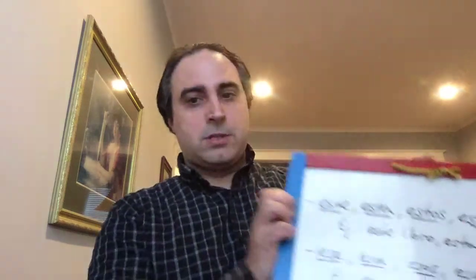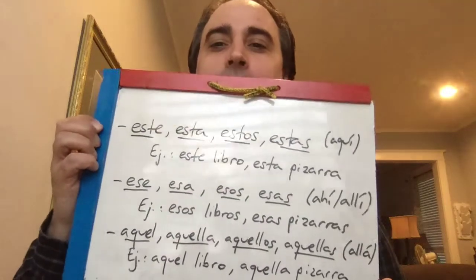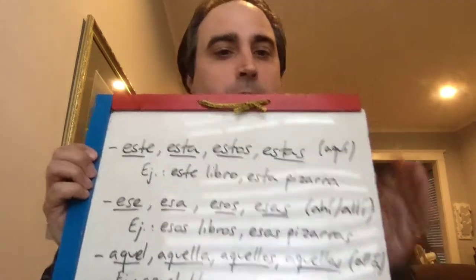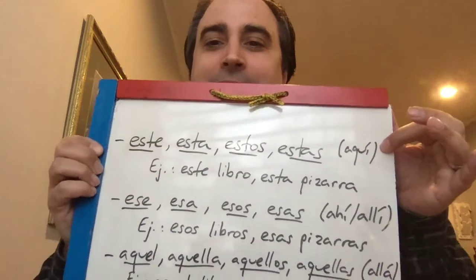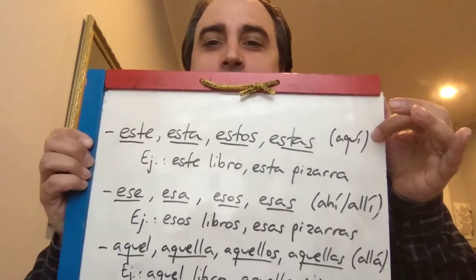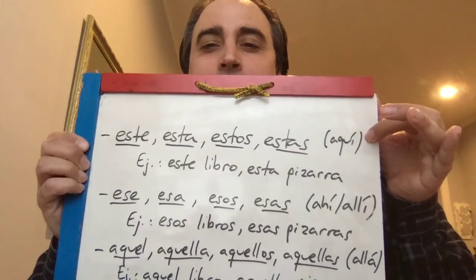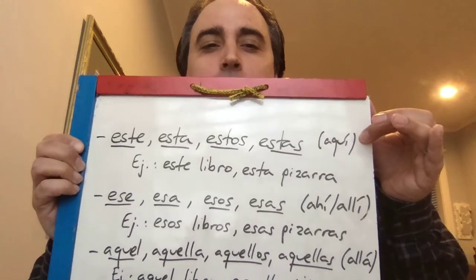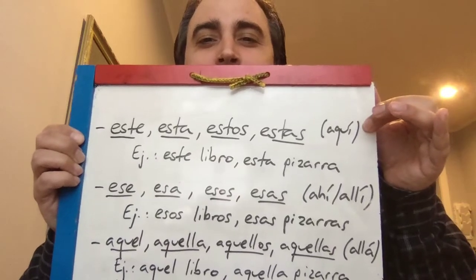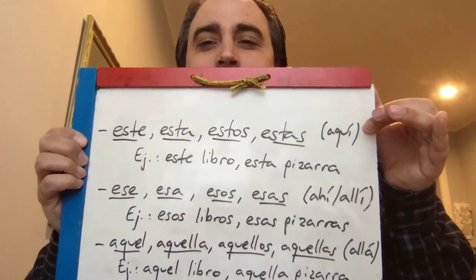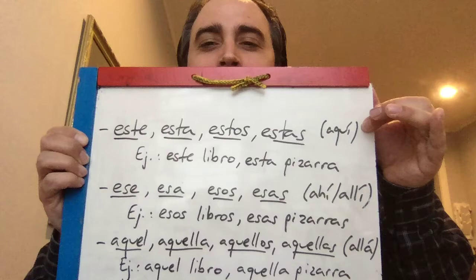And that comes with spotting certain words. Por ejemplo, la palabra aquí. Aquí means here. So here means near me. Therefore, we would be using este, esta, estos, estas on any sentence where you find the word aquí.